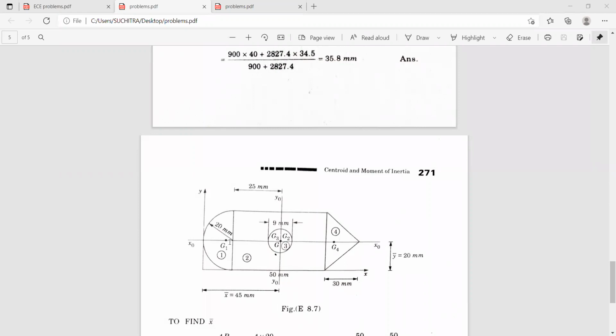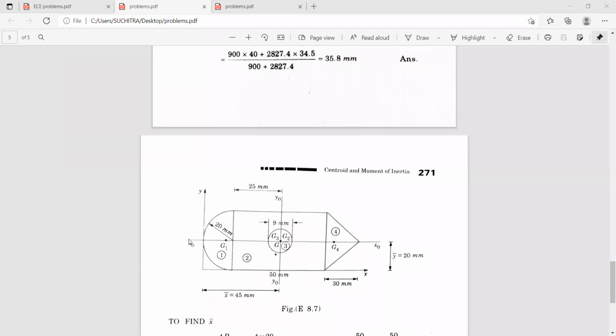Now what do you observe from this figure? This figure is symmetrical about x-axis, correct? On both sides, you have the mirror image. So the given figure is symmetrical about x-axis, hence directly the y bar value you can get. No need to calculate y1, y2, and y3.